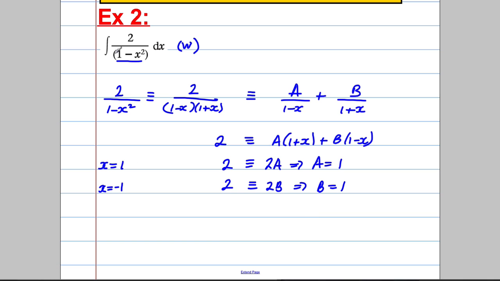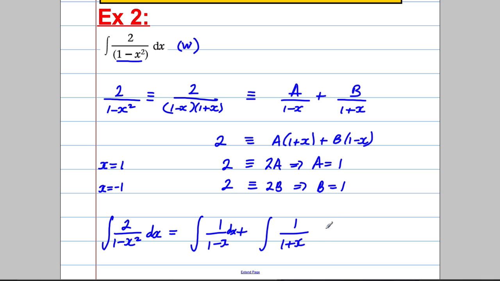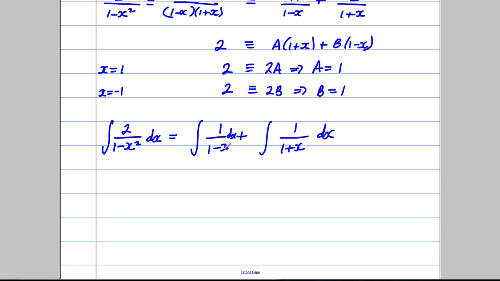So I could rewrite the integral of 2 over 1 subtract x squared with respect to x as the integral of 1 over 1 subtract x with respect to x plus the integral of 1 over 1 add x with respect to x.